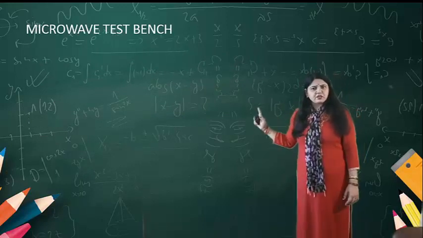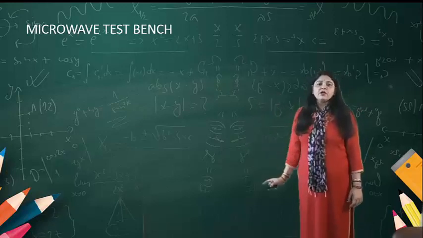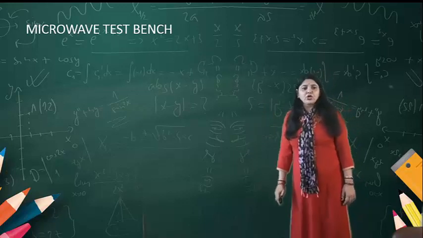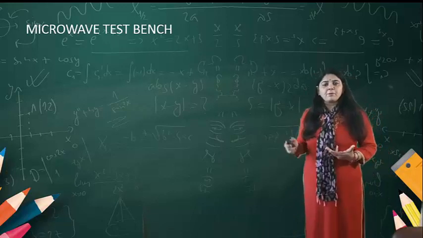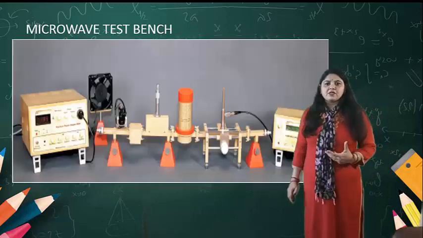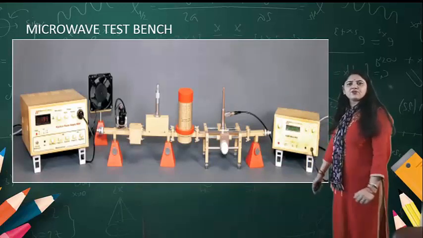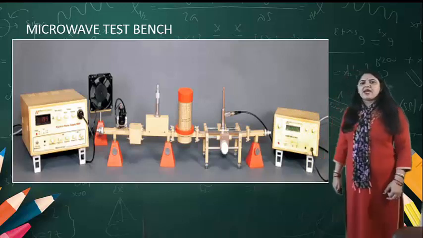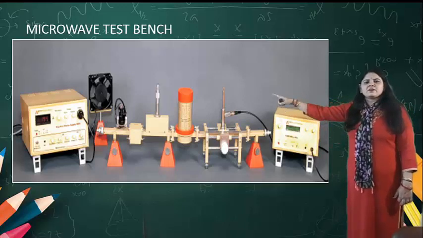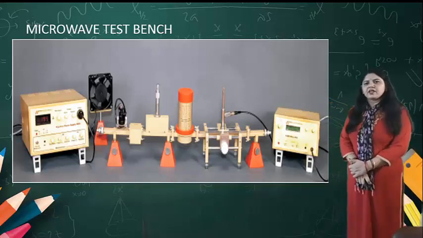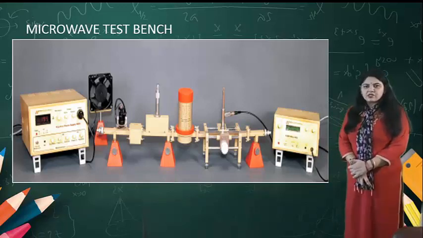During the laboratory, we must use the microwave test bench, where all the microwave components are connected. Here you can see the diagram of the microwave test bench. From that side, there are the microwave generation devices, which include the microwave power supply.